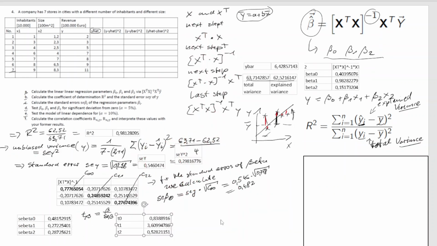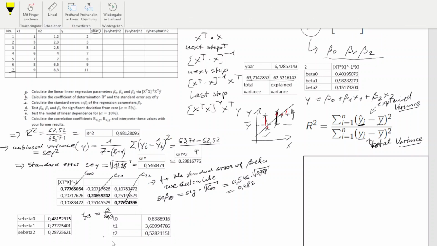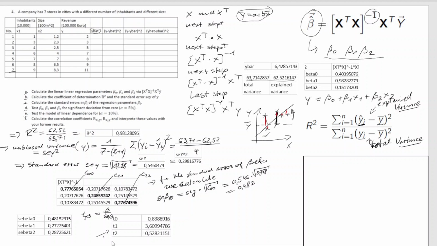So these values are now t-distributed, and we need the f value, and the f value was r squared divided, hopefully I'm right, by k over 1 minus r squared by n minus k plus 1.